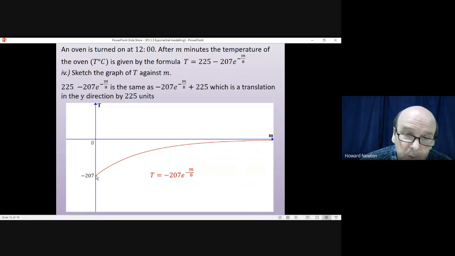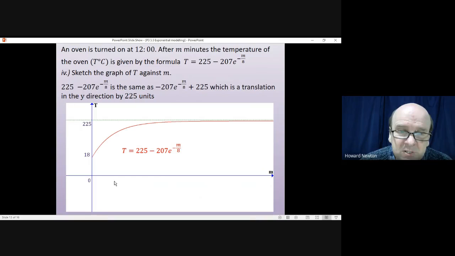Two things are significant. The first thing is this point on the y-axis, which is going to move up 225 units, and that'll take it up to plus 18. But the other thing that matters is the asymptote. Up until now, the asymptote has been the x-axis. Well, the asymptote is also going to move up 225 units and become the line y equals 225, or t equals 225.